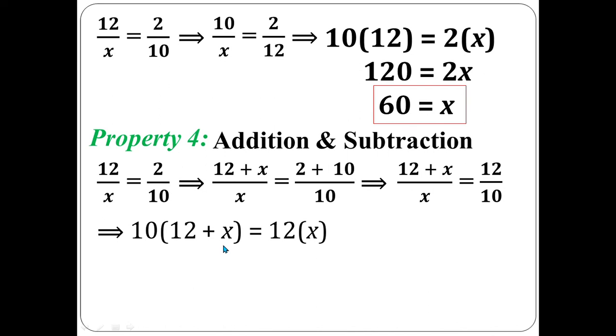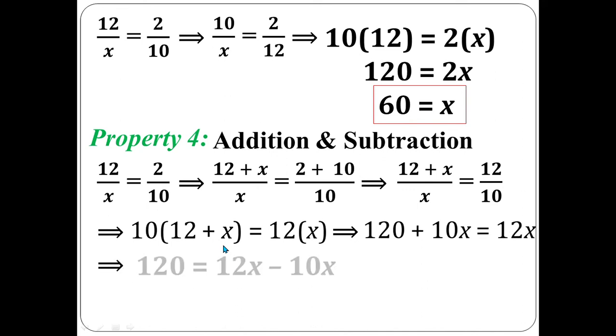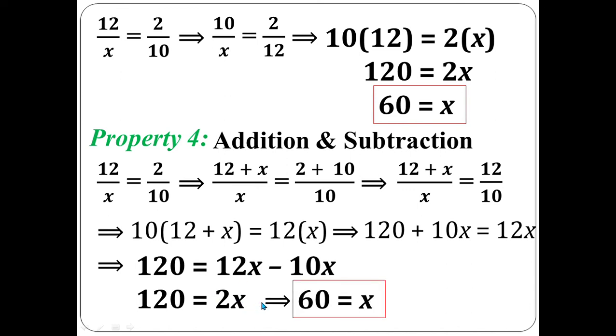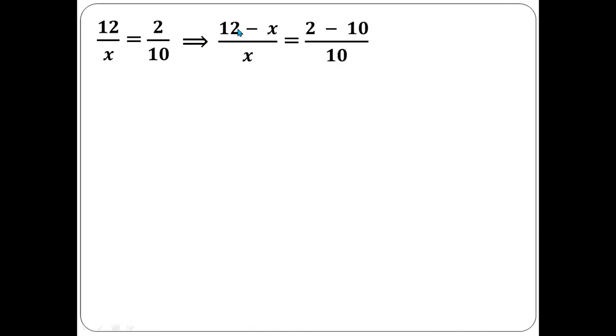Multiply ang means by means, extremes by extremes, and combine similar terms. Then subtract, then get the value of x. So addition yon. At ito naman ang subtraction. The same lang din, na-change lang yung operation.